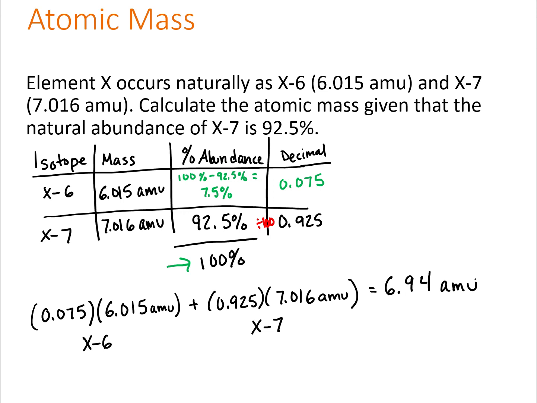So you should get 6.94. There's a bunch of other digits too, but we can only use 3 sig figs. Everybody good with this one?